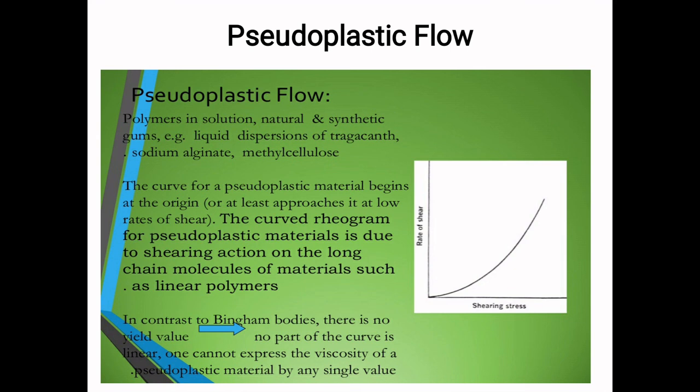In contrast to Bingham bodies, there is no yield value, no part of the curve is linear, and one cannot express the viscosity of a pseudoplastic material by any single value. So, you can see here that a shear stress and shear rate graph has been plotted.